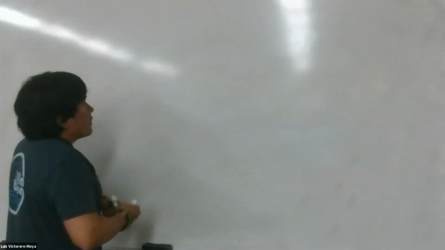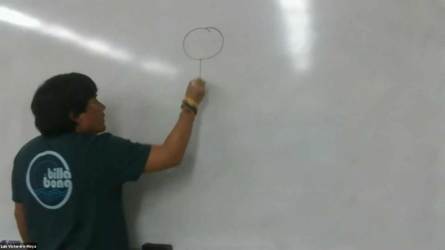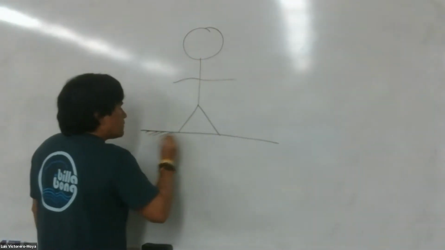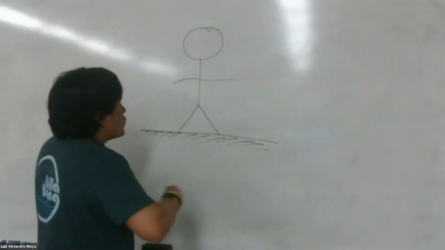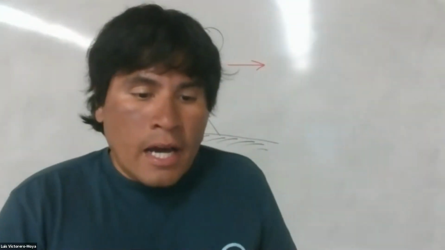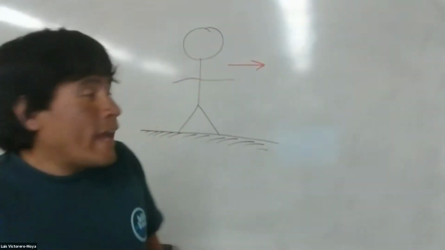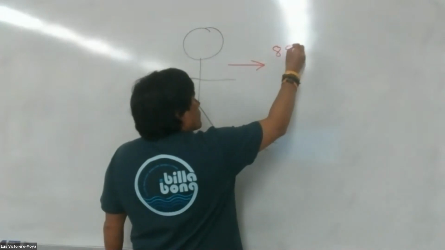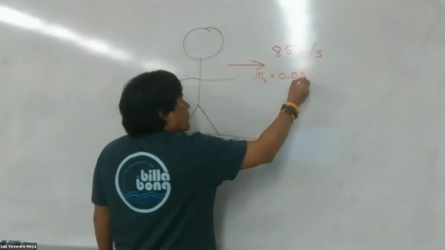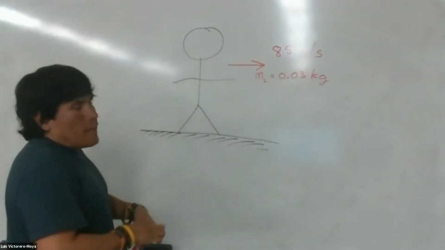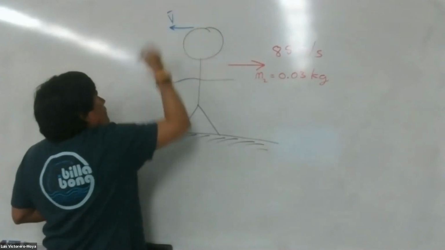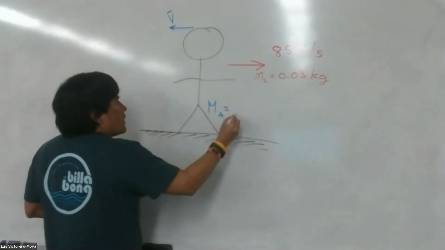If you have an archer with mass 60 kilograms standing on a frictionless surface, and he shoots an arrow which has mass 0.03 kilograms and a velocity of 85 meters per second, we know by inspection that the archer will recoil with some velocity v. But the mass of the archer is 60 kilograms.